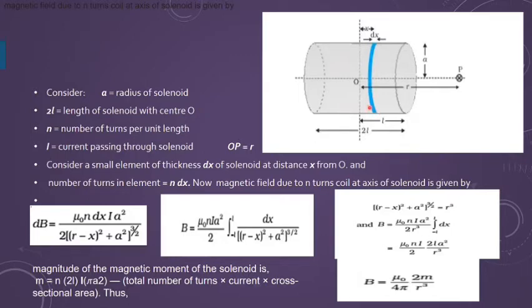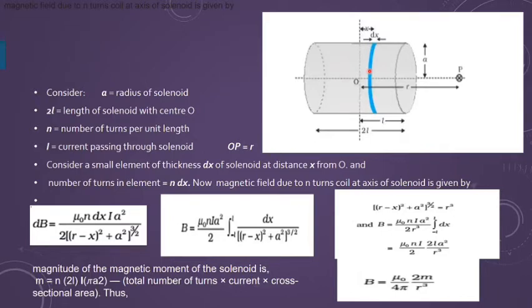If I take I as the current passing, then to find the magnetic field because of this small element, if I cut this, it will simply behave like a ring. So if I take a small part from this solenoid, it will act as a ring.